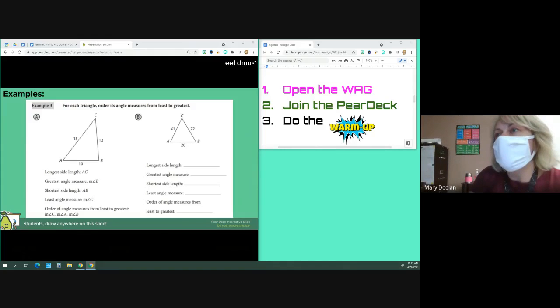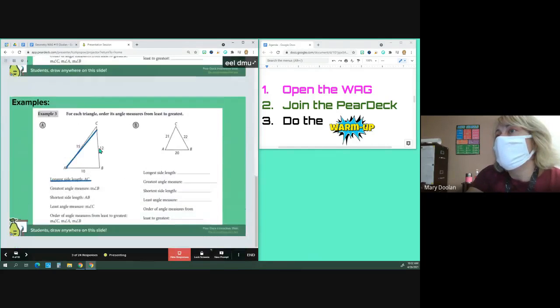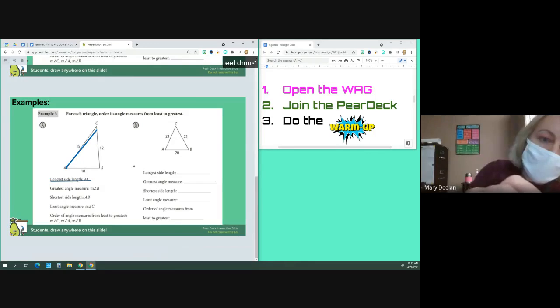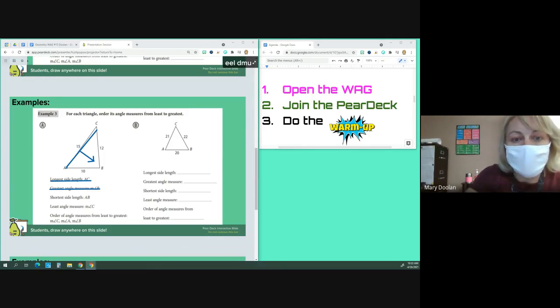Because of what we just saw on the last slide, that means that across from it, angle B is also going to be the greatest measure. So I'm just going to draw an arrow pointing to angle B. So across from it, we have angle B, and that's going to be our greatest angle measure. So whatever's across from the longest side is the greatest angle measure.